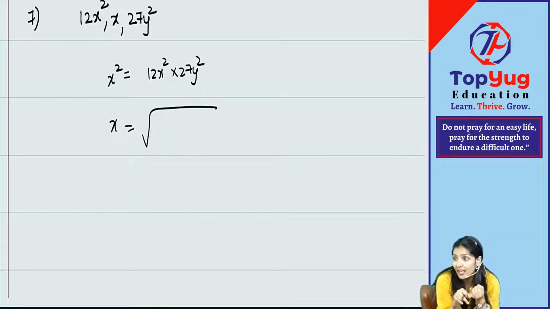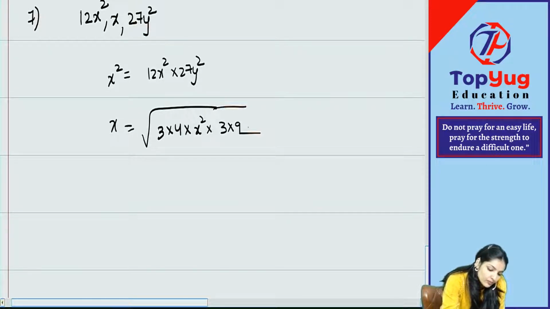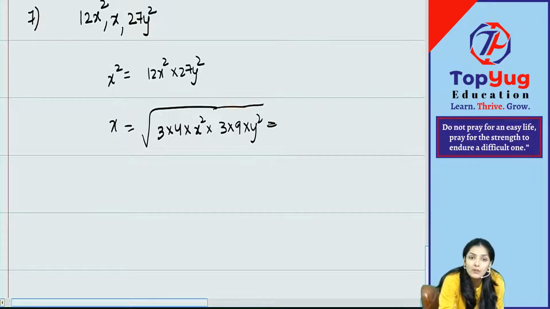But suppose if you do not have the calculator, so what we will do is 12 ko can I write 3 into 4? 27 ko can I write 3 into 9? Into y square. So just have a look. Double 3 means 3 square it is. So only one 3 would be left. 4 का whole square root would be 2. 9 का square root would be 3.